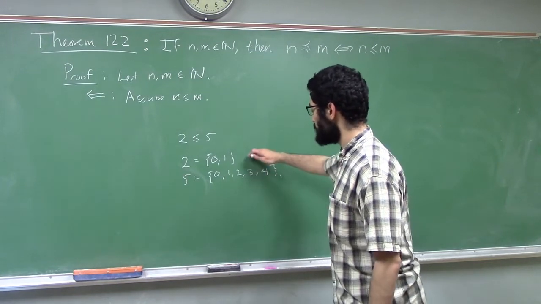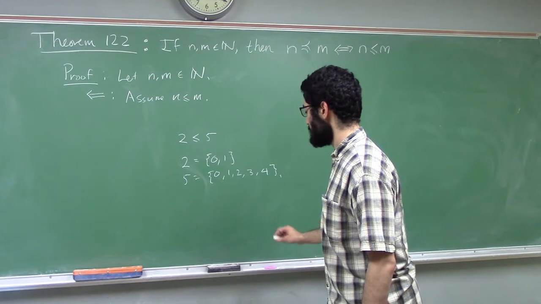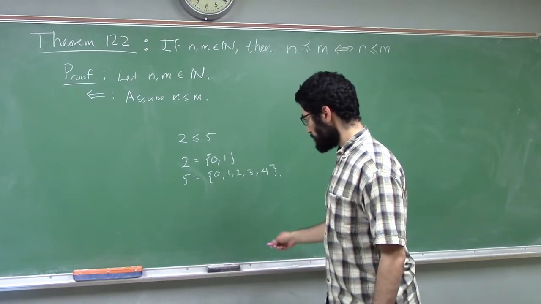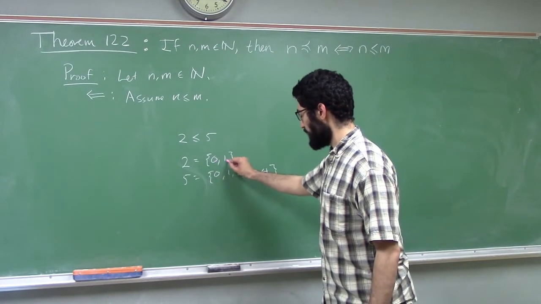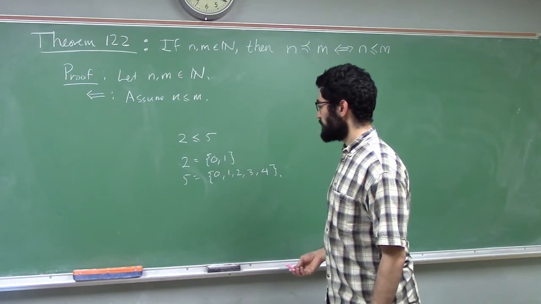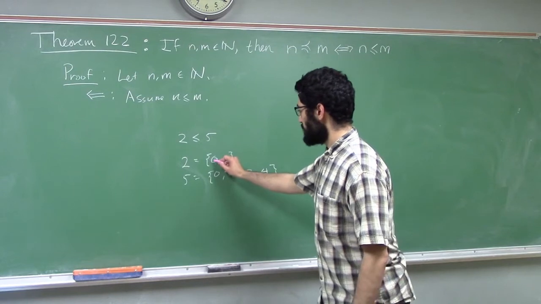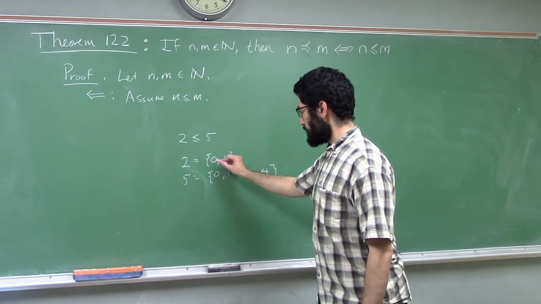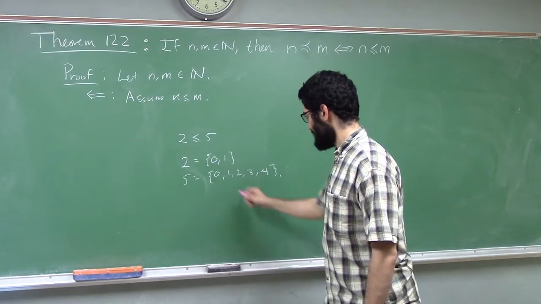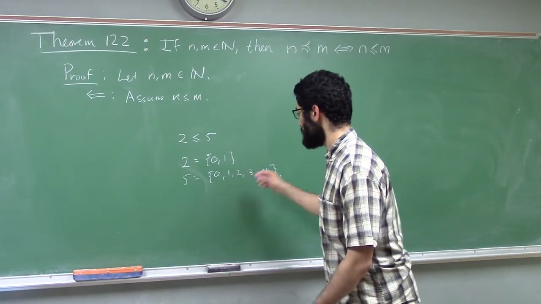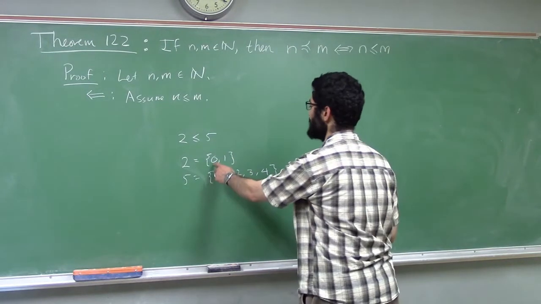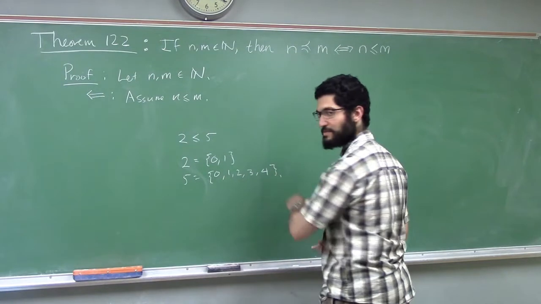And can I think of an injection from here to there? Is there a way to map these to these, which is 1 to 1, meaning no two things go to the same thing? Yeah, there is. For example, I could try to be creative and send 0 to 2 and 1 to 4 or something like that.